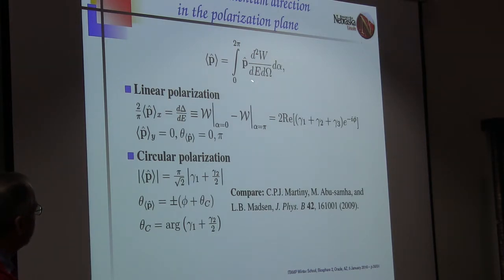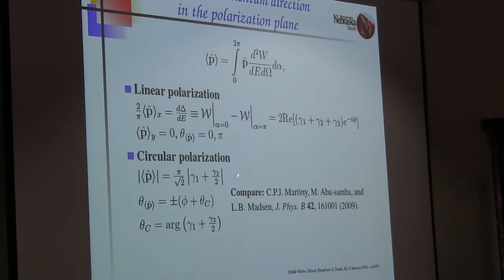If you have a general elliptical polarization, the differential probability times the direction of the ionized electron integrated over all angles in the polarization plane gives you what is called the weighted momentum direction, or WMD, which does not mean weapons of mass destruction. For linear polarization, you have this result that I showed you already.